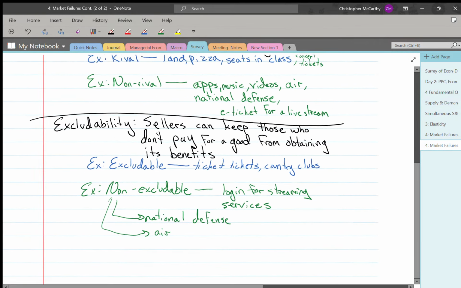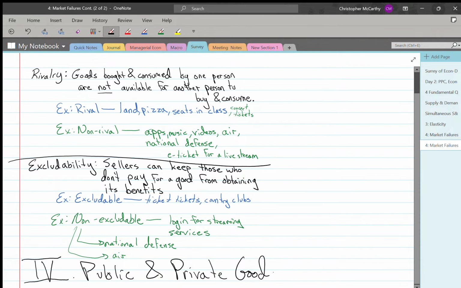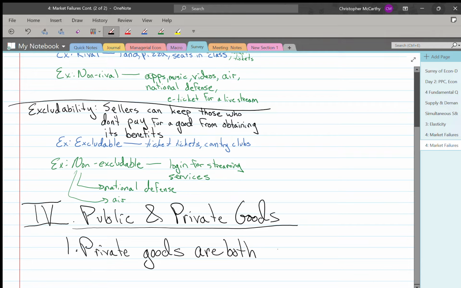So now that we have these definitions, we can really start talking about the different types of goods. So let's get back into our notes. This is Roman numeral 4, public and private goods. And so private goods are both rival and excludable.